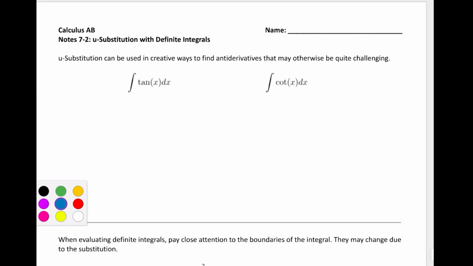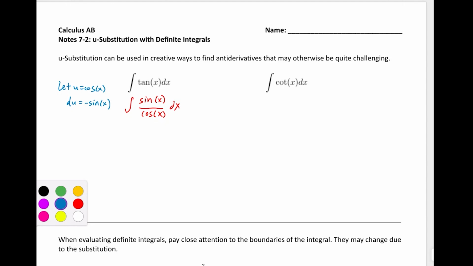But if we rewrite tangent as sine over cosine, then we can use u-substitution to find this integral. If we let u be cosine x, then du would be negative sine x.